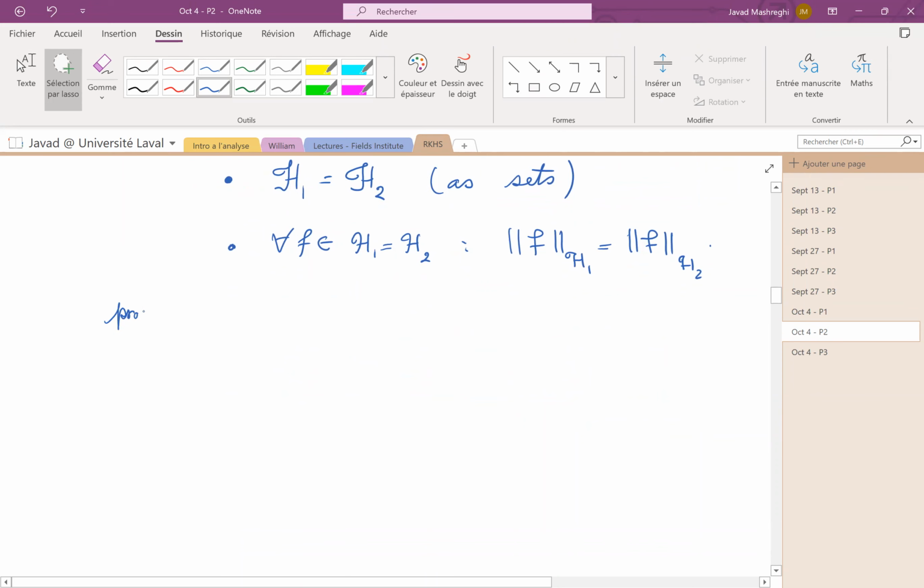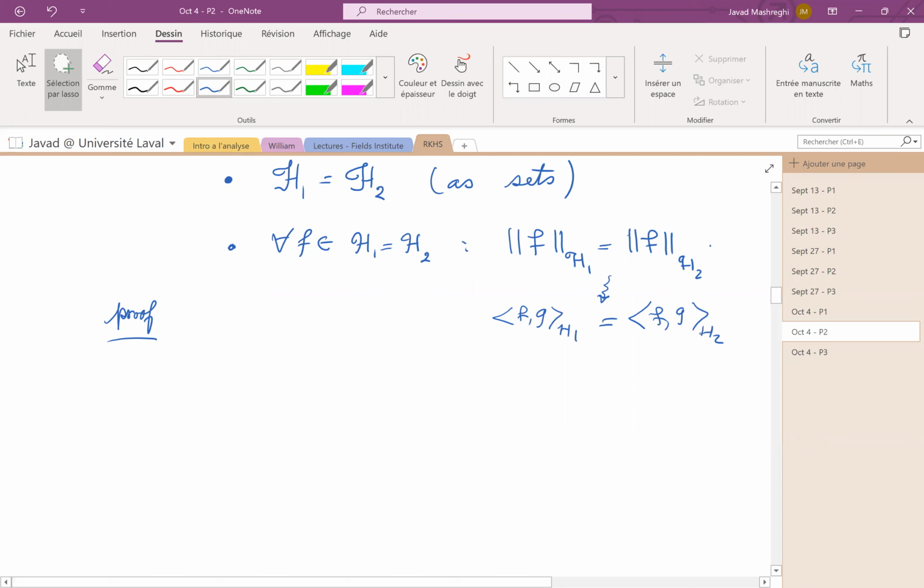So will it be just the norm equality or will the inner product also match? Well, when you have norm equality here or in any other setting, you can use the polarization identity. Yeah, okay, right. And then this immediately implies that the inner product of F and G in H1 is equal to that in H2.